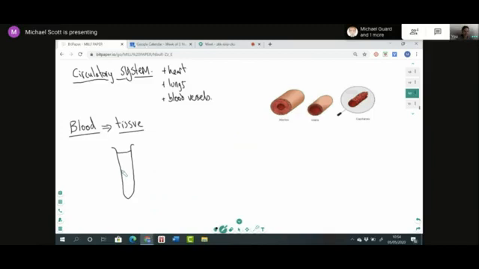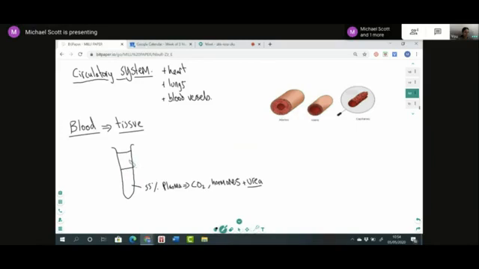Just over half of that blood, about 55%, is a straw-coloured liquid called plasma. Plasma is responsible for carrying carbon dioxide. It carries hormones around the body. It also carries a chemical called urea, and we will look at urea in later lessons.